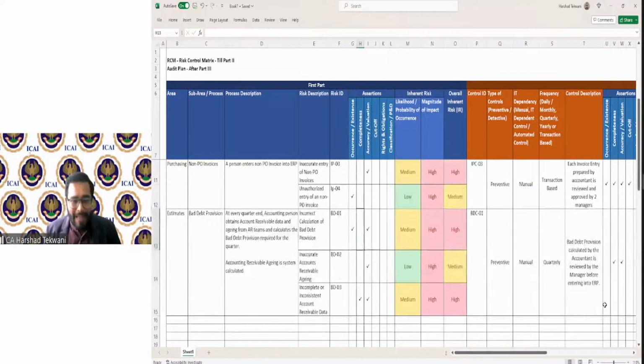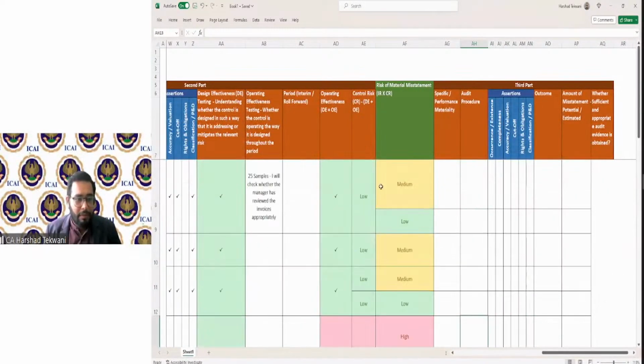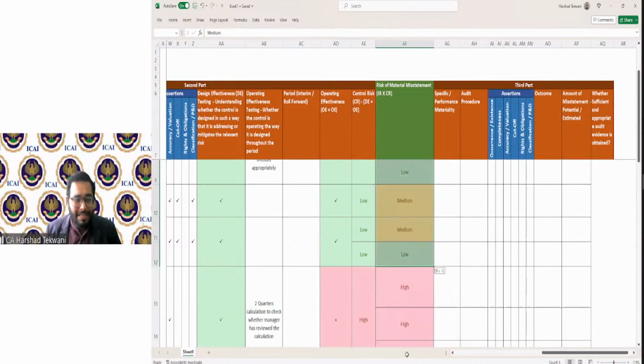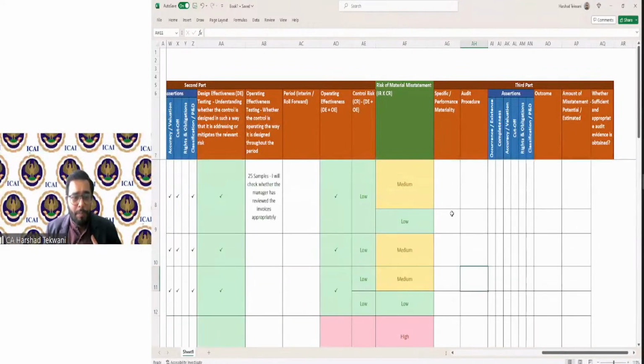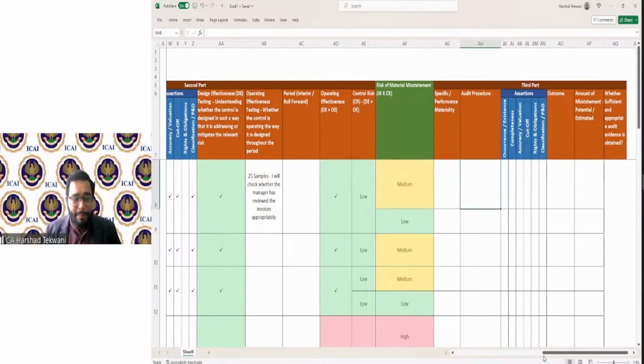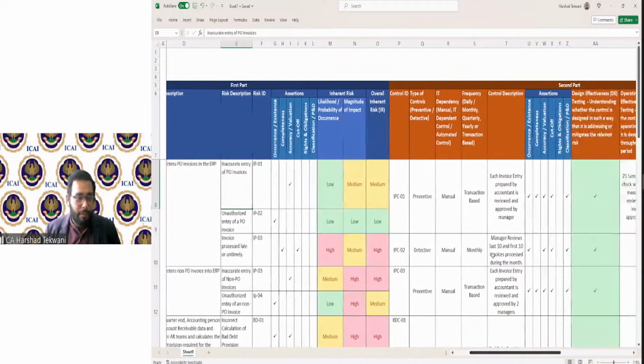Now, once I have this mapping of the overall risk of material misstatement, the next thing is I need to perform some audit procedures in order to gather more audit evidence. I cannot only rely upon the control testing. Let's say the risk is whether the invoices are inaccurately entered into the system, inaccurate entry of PO invoices.